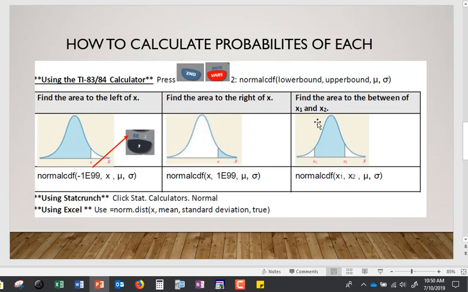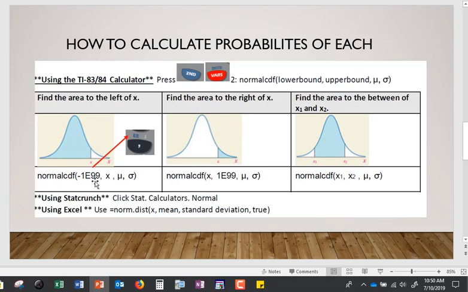You use this three different ways depending upon what part of the graph you're trying to find the probability of. If you want to find the area to the left of a value, then your lower bound is negative infinity. And how we represent that is with the double E that's above the comma. If you use any other E on your calculator, you're going to get the incorrect answer.